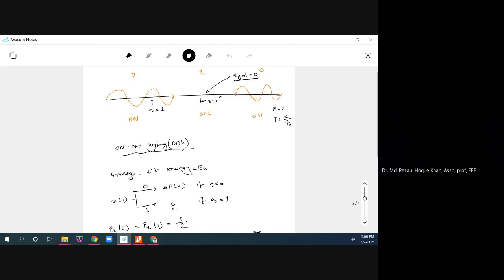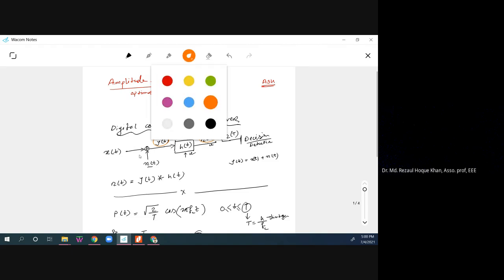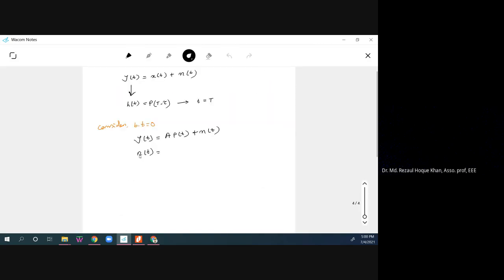This signal is yt, and here is RT after the matched filter. Anyway, after the matched filter, what has happened? We have just seen that our signal will be A, E, P plus noise, and this noise will be changed. So N is no more N. N is N tilde T.